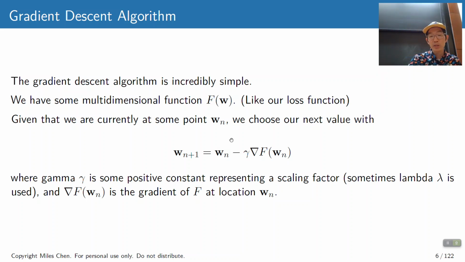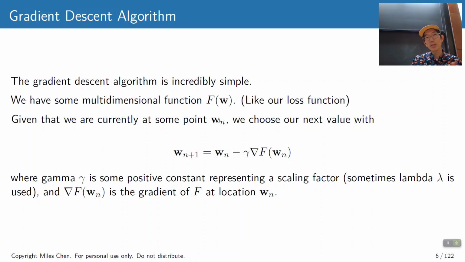We're currently located at some location, w at time n. So say right now my slope estimate is 1 and my intercept estimate is 0. That's just some line, intercept 0, slope of 1.